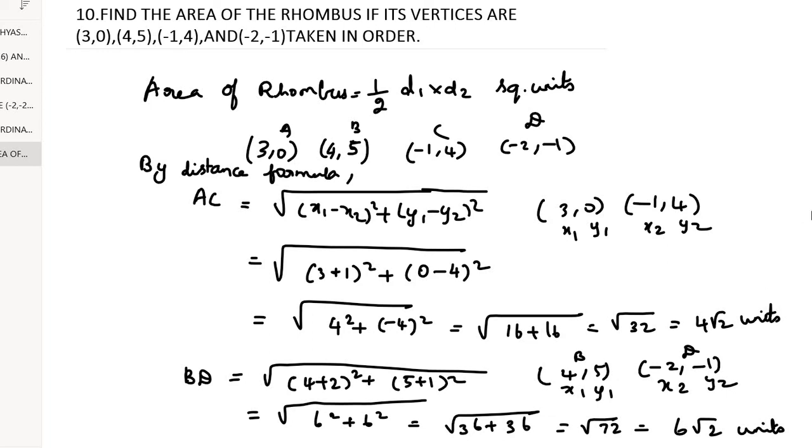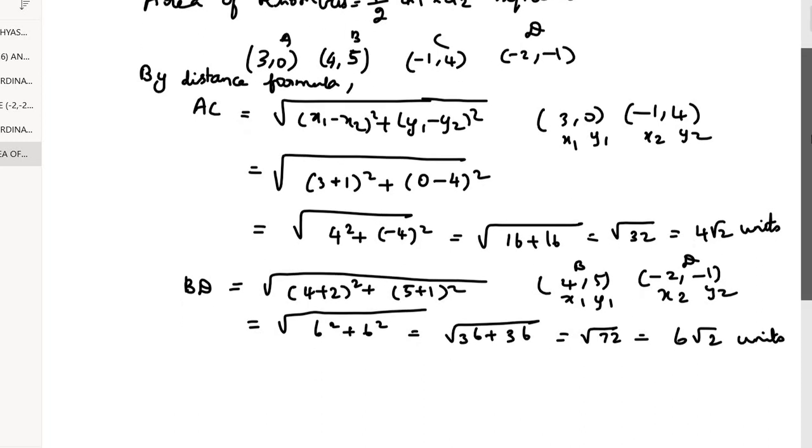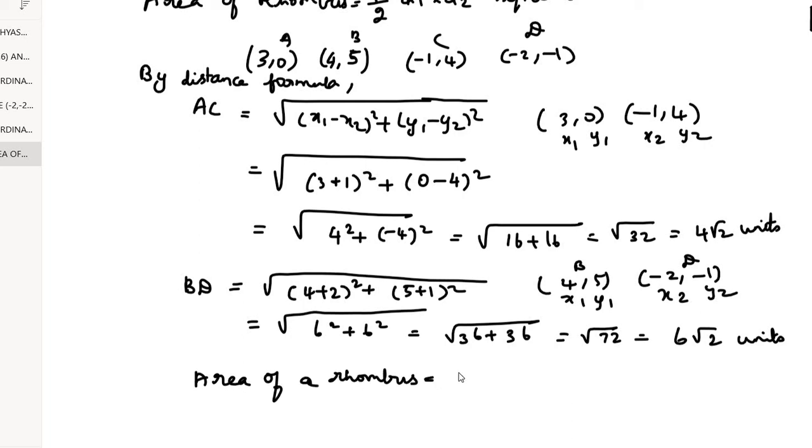Now we are going to substitute in the formula. What is the formula for the area of a rhombus? Half into d1 into d2. Area of rhombus is equal to half into d1 into d2.